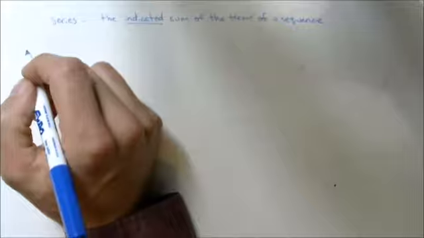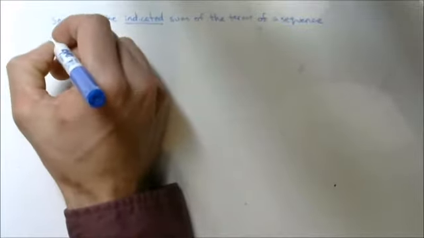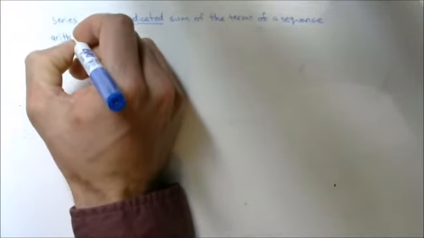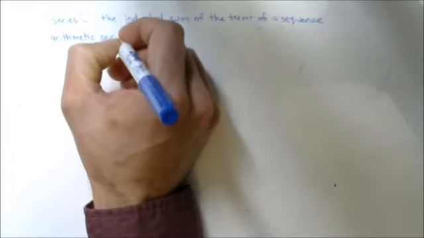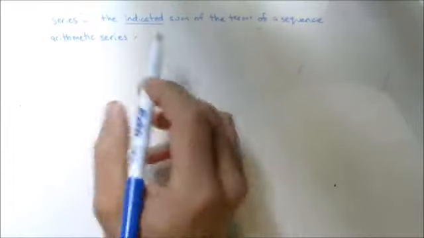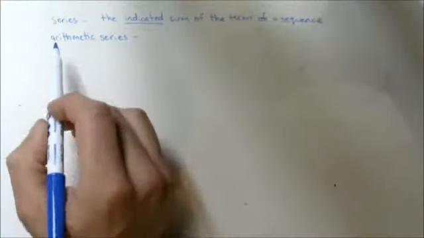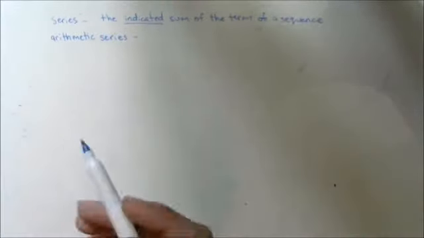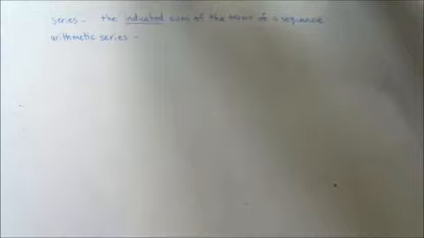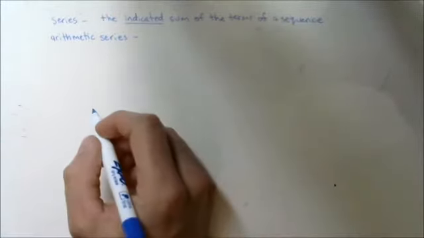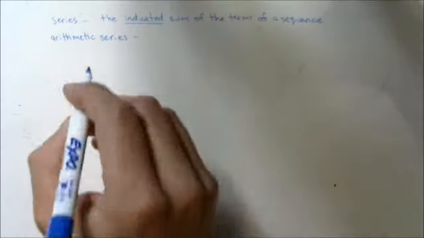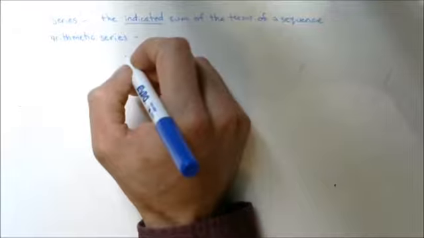Then we have a note on arithmetic series. So today we tackle arithmetic series, the indicated sum of the terms of an arithmetic sequence, and tomorrow we'll do geometric series, which is the indicated sum of the terms of a geometric sequence. Okay, and there's a different strategy for developing a formula for each of these.